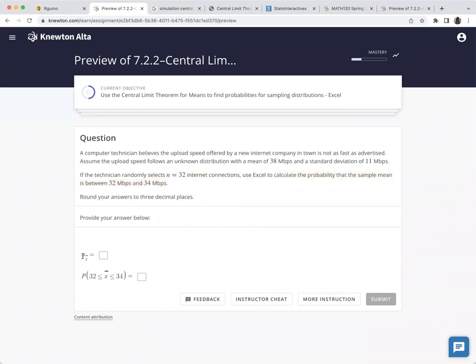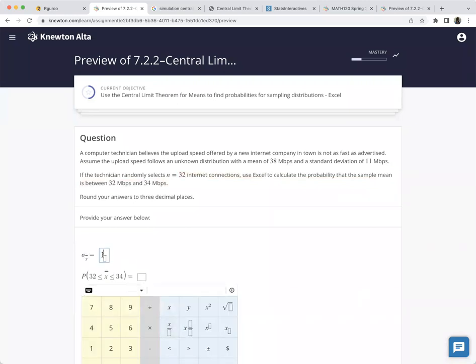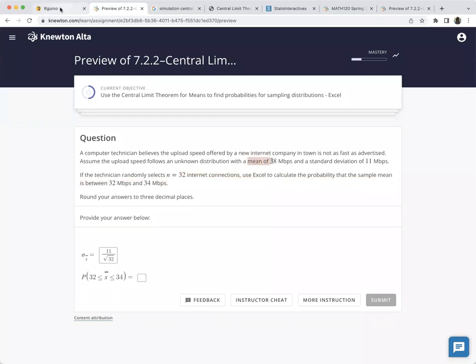All right, so again, who's this in here? Sigma with the X bar in the denominator. This is always the standard deviation given, which is 11, over the square root of the sample selected, which is 32. And then we need to find this probability. For that, we need to go to RGuroo. For RGuroo, we need the mean, which is 38. So go back here.